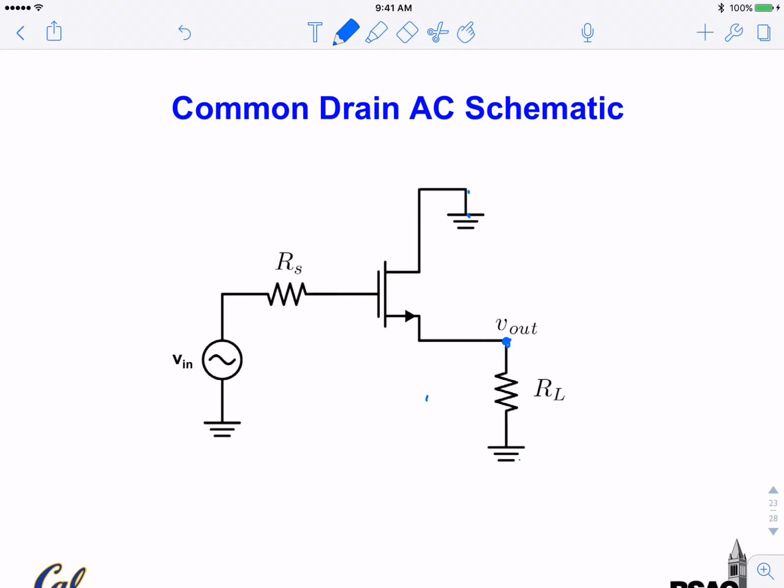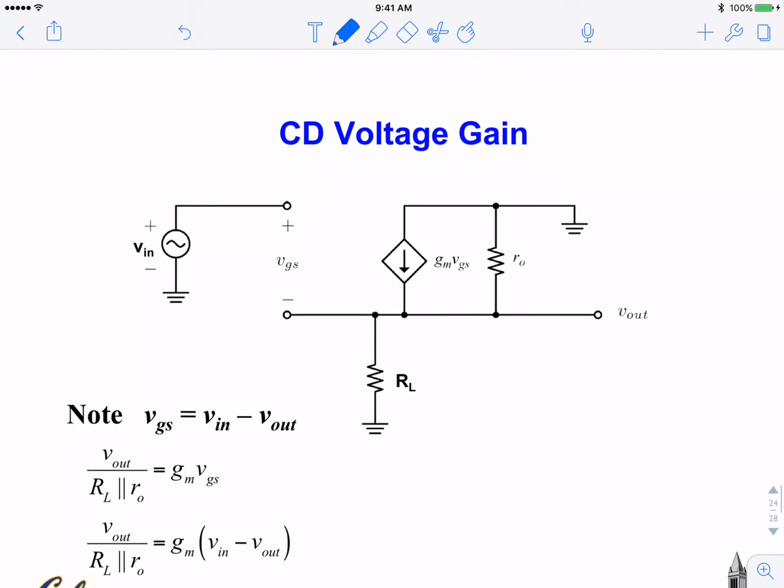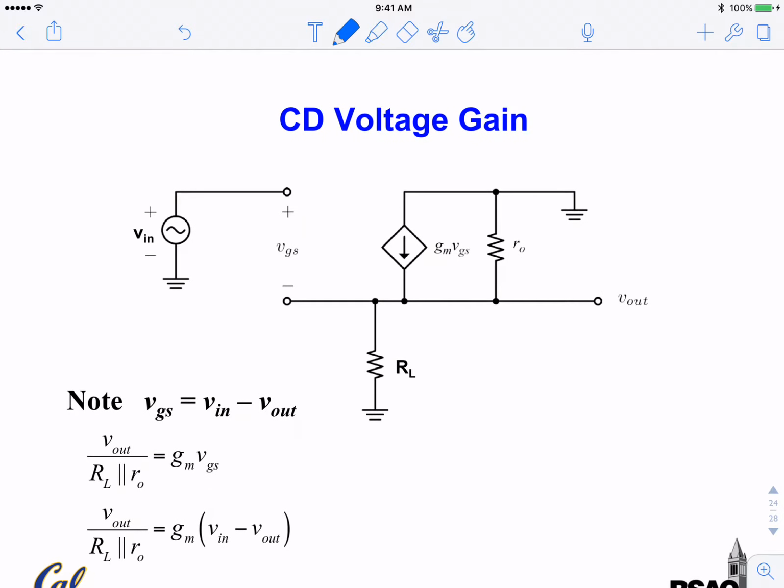Once you have this AC circuit, you can bring in the hybrid pi model. You have this dependent current source, gm VGS, and the output resistance RO. Here is drain, here is source, here is gate. Input is applied to the gate.